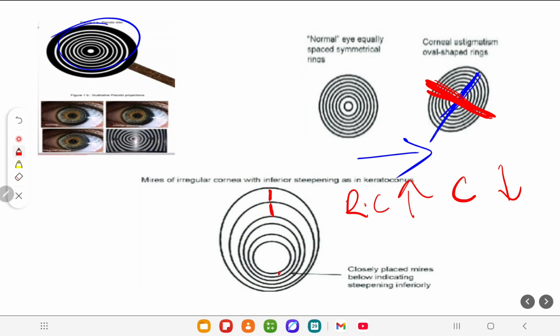See here, the distance is very packed. It means in this position the radius of curvature is smaller or the curvature higher, isn't it? So it's very important, the distance between these two lines you have to watch like this.